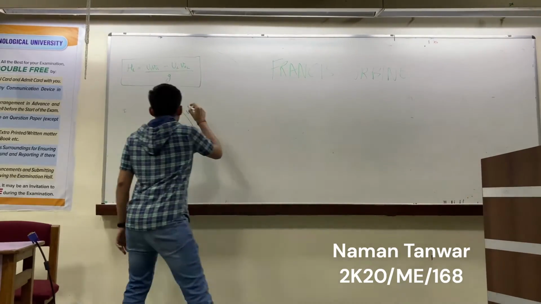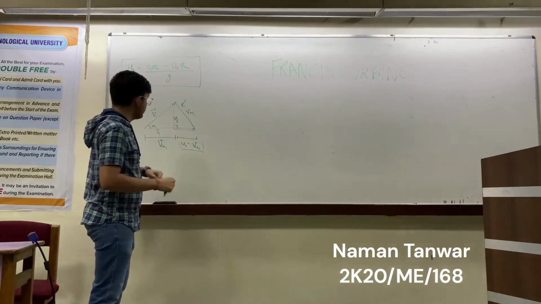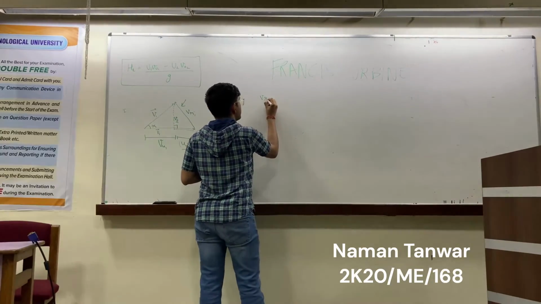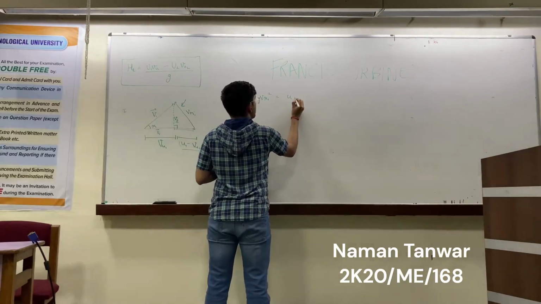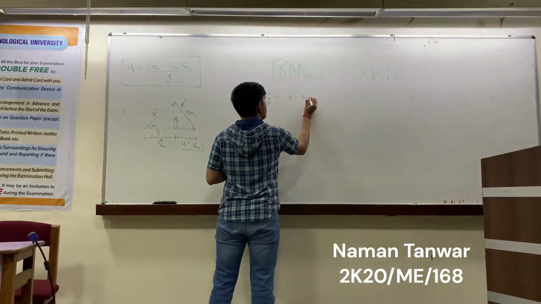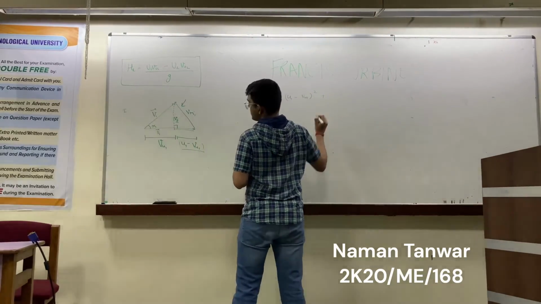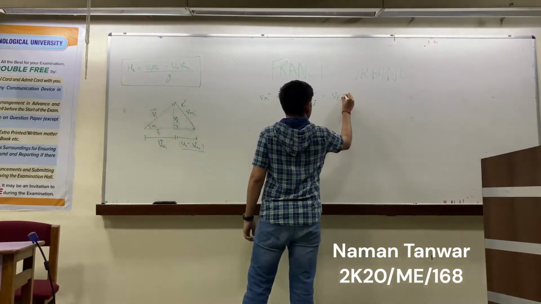Now let's look at this triangle. We will use the Pythagoras equation: Vr1 square is equal to U1 minus V U1 whole square plus Vf1 square.